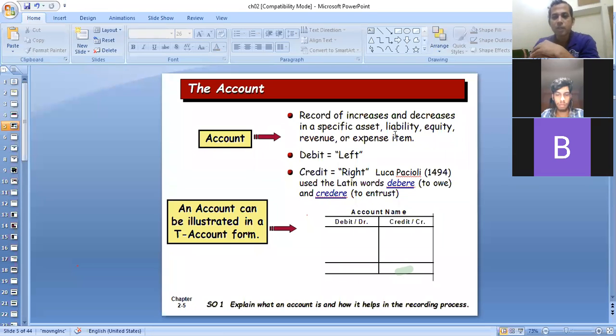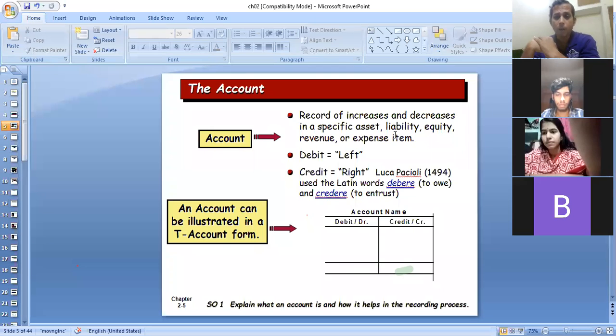Most of the students ask, so what is debit and credit? The words debit and credit were first used by the Italian mathematician Luca Pacioli in 1494. According to him, in the Italian language the word debere means owe, and credit means to entrust.